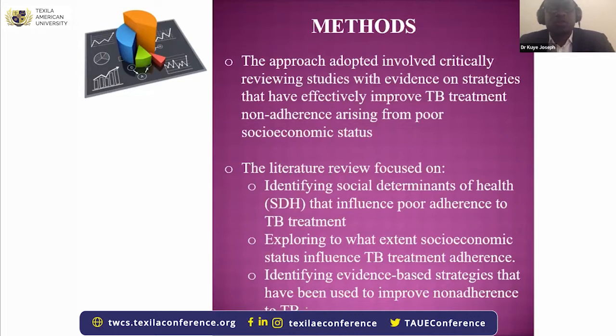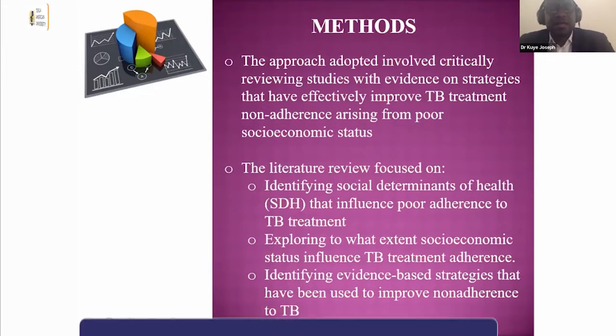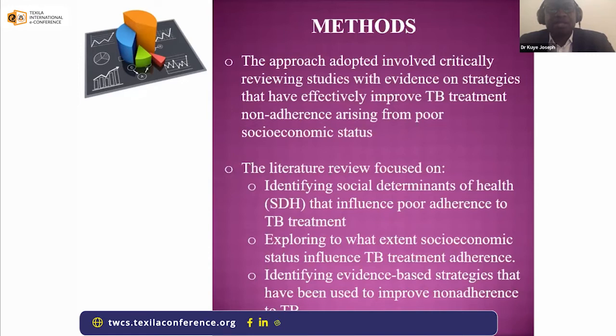It also explored to what extent socioeconomic status influences TB treatment adherence. It also identified evidence-based strategies that have been used at different levels, in different settings to improve non-adherence to TB. So that is the focus of the literature review for this secondary research. Next slide.